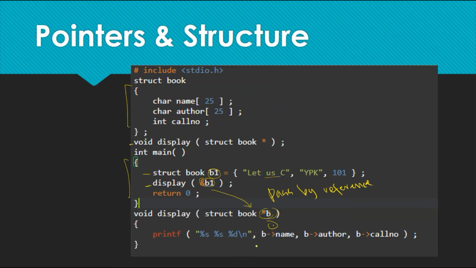Basically, you go directly with the name of the pointer and then the arrow operator. So this is how you pass a structure to another function using the pass by reference method. Basically, it is the same as with other variables. The only difference is how you access it. Okay?